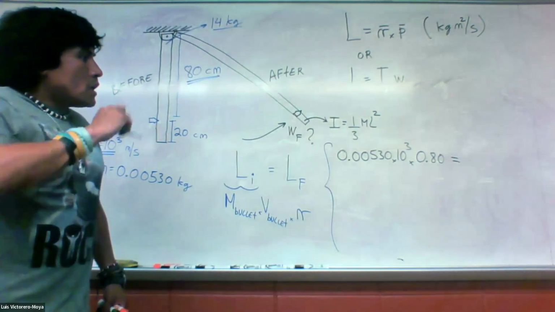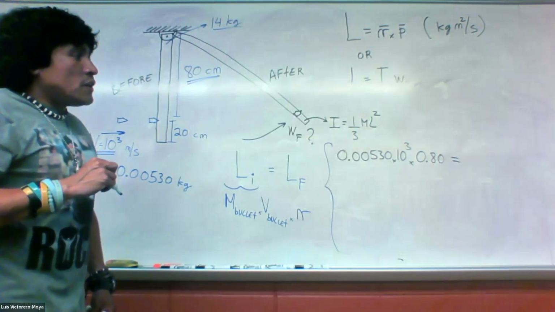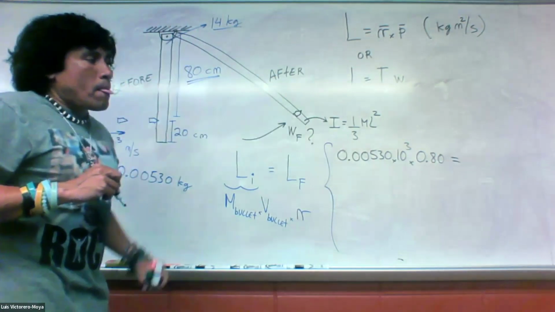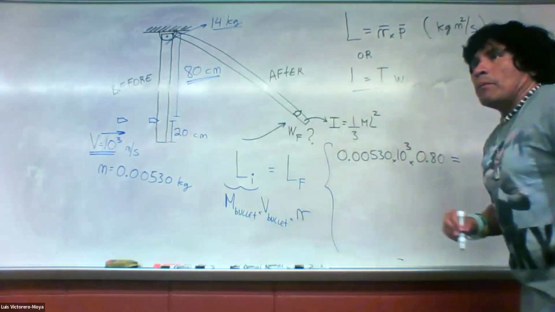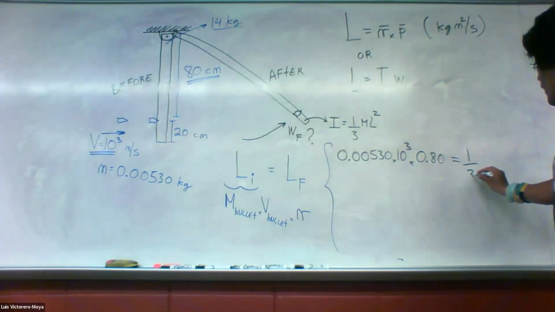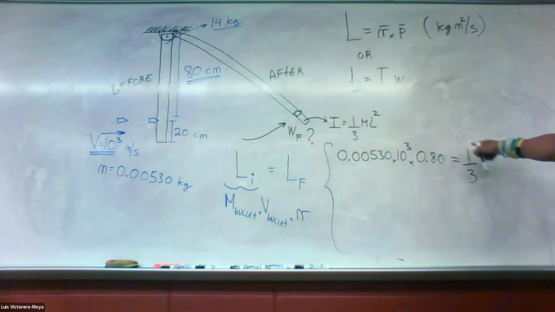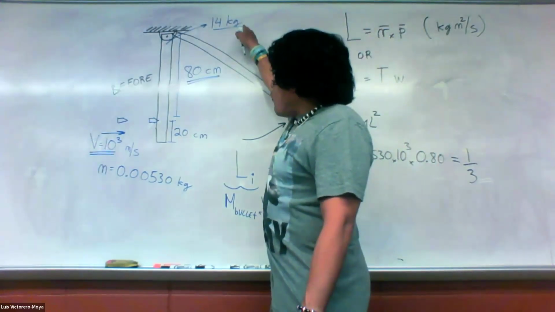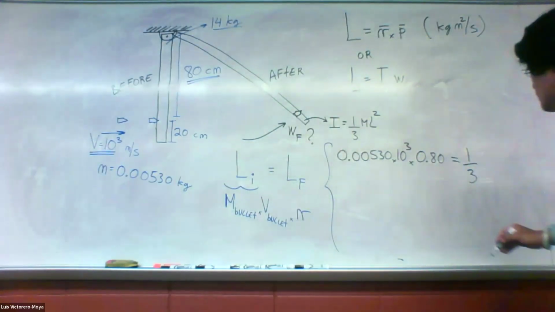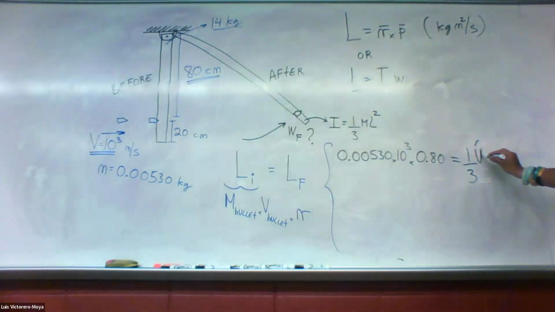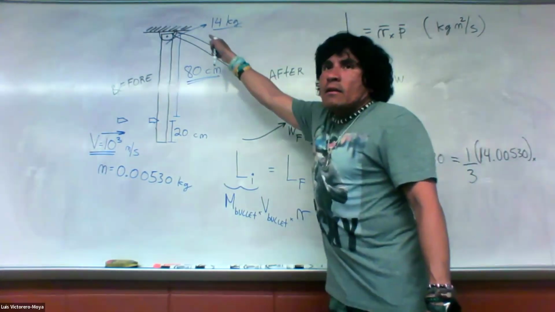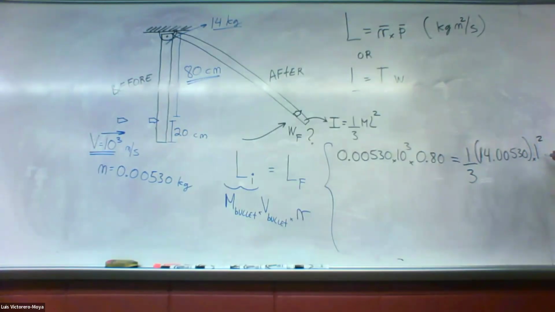So that angular momentum is equal to the final angular momentum, which is the momentum of the bar and the bullet. So this IW, 1/3 mass. What's the mass of the door? The door plus bullet, 14 plus that, so 14.00530. So 1/3, 14.00530 ml, that's just one squared, times W final.